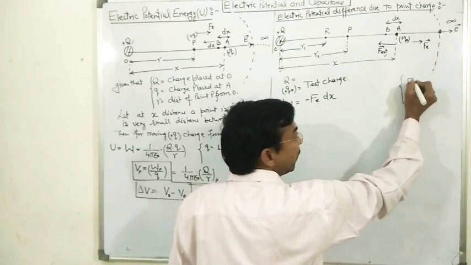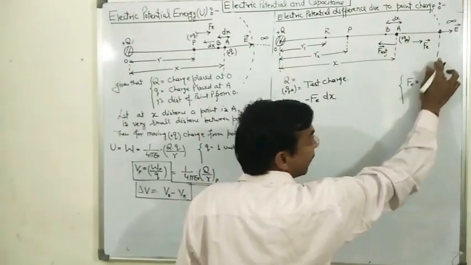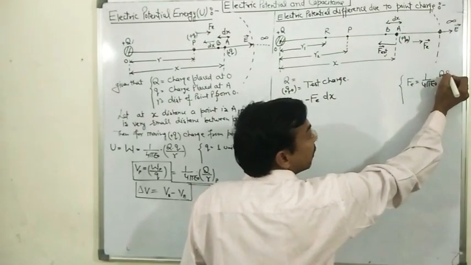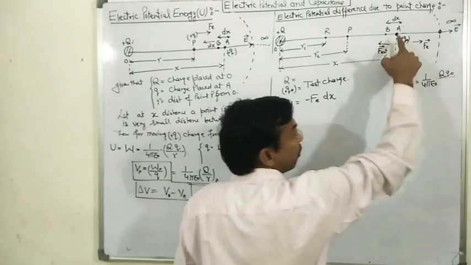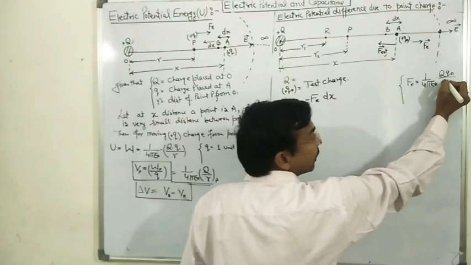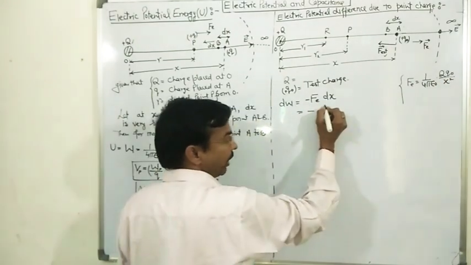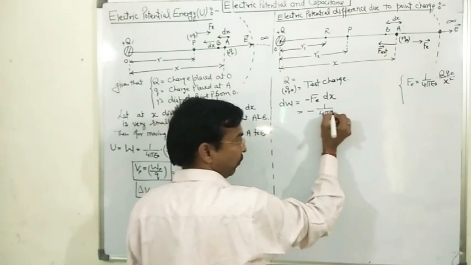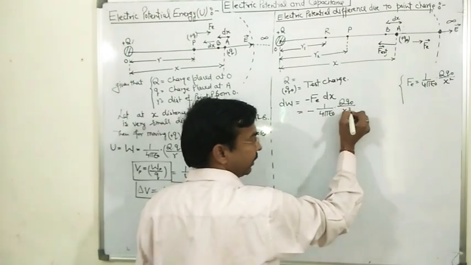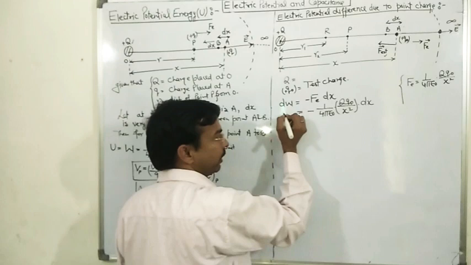Again you write the electrostatic force at a point A or B as 1 upon 4 pi epsilon naught capital Q q naught by x square, because we want to bring a test charge q naught. When we put in the value, dW becomes minus 1 upon 4 pi epsilon naught Q q naught divided by x square, multiplied by dx.